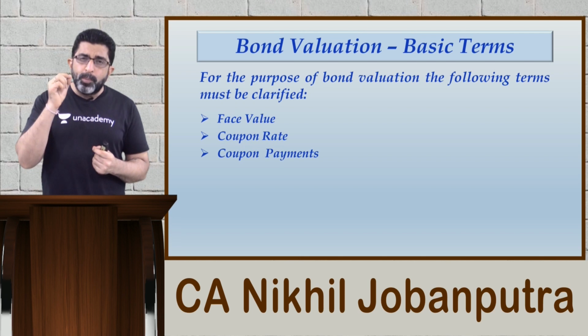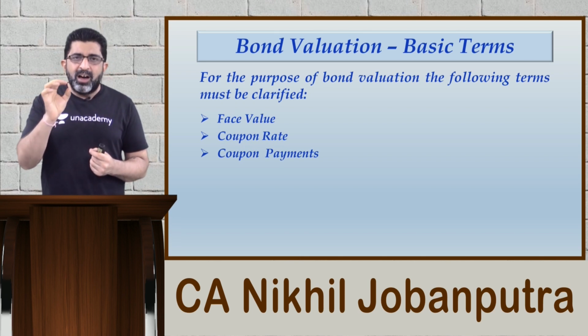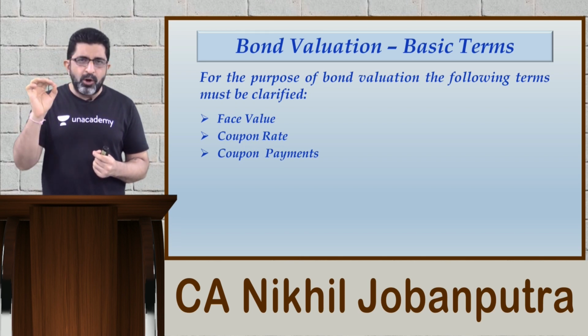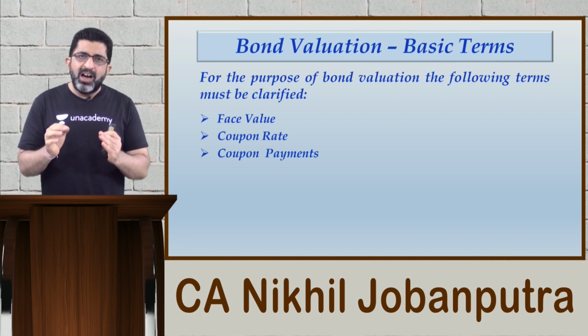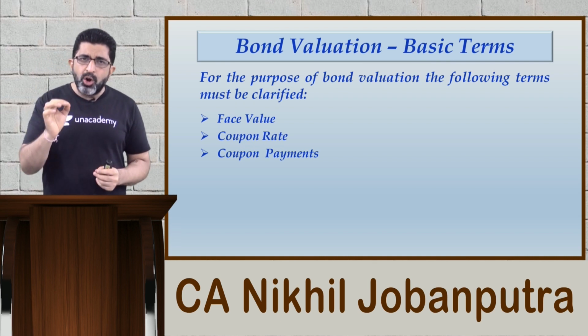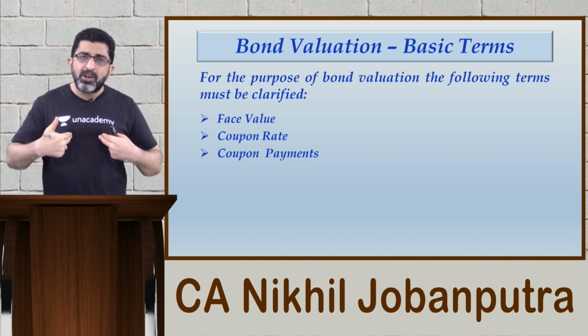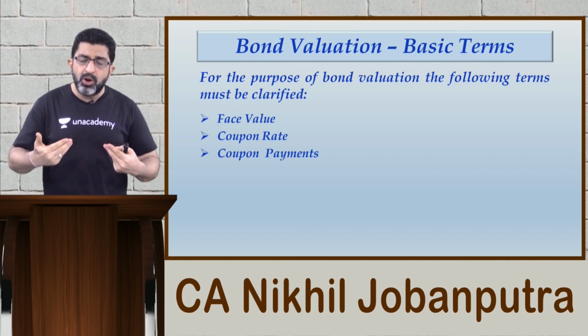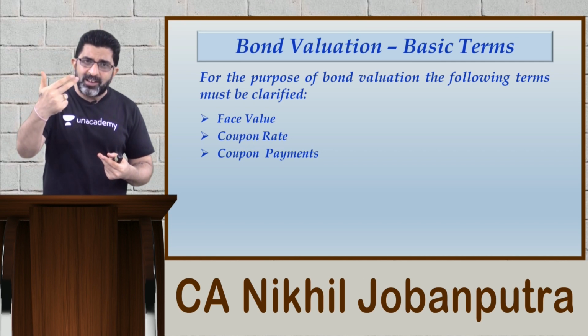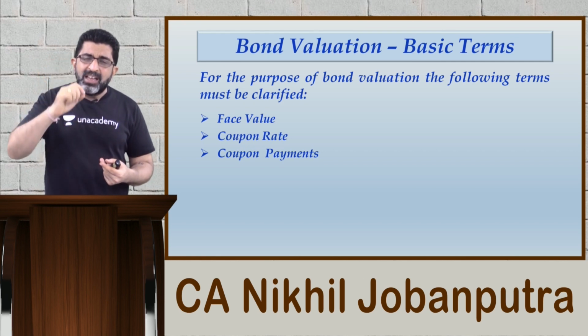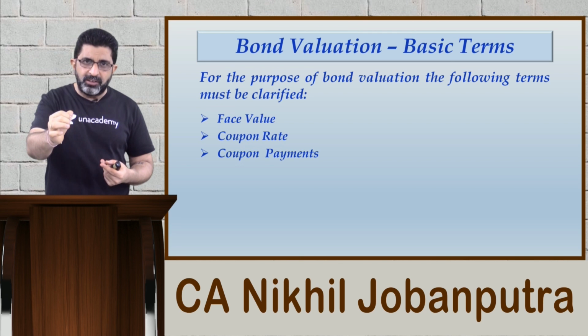So coupon rate and coupon payment I will explain to you by way of an example. Suppose I have issued a bond of face value rupees 1000 which carries 8% coupon rate. Then I, the issuing company, the issuer of the bond, have committed to the investor that on the investor's money I will provide 8% returns.